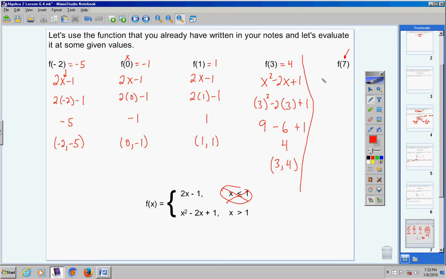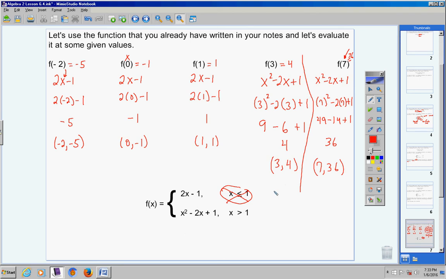It'll be a little tight. We'll try to squeeze it in here. x squared minus 2x plus 1. So parentheses 7 squared minus 2 parentheses 7 plus 1. 7 times 7 is 49. Negative 2 times 7, negative 14, positive 1. And if you combine those, you should get 36. So f of 7 equals 36, or you could say 7 comma 36. You put 7 into this function and you got out 36.